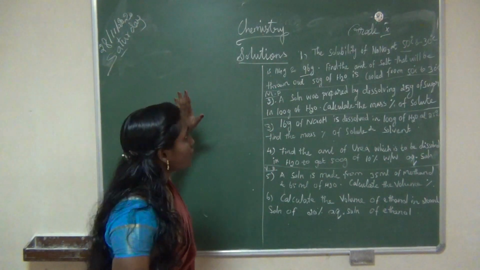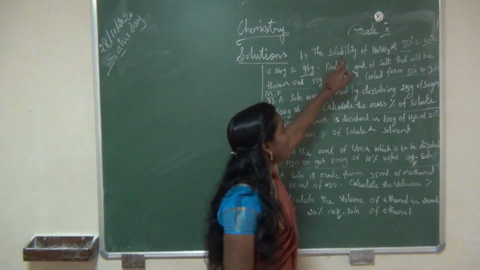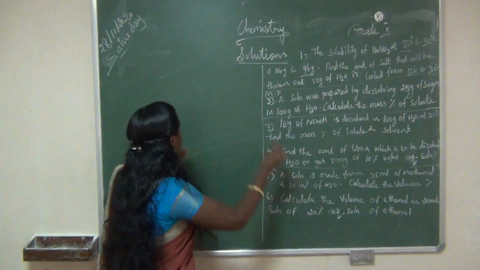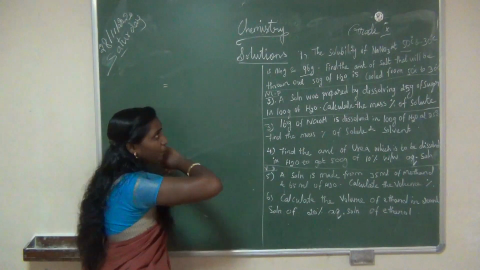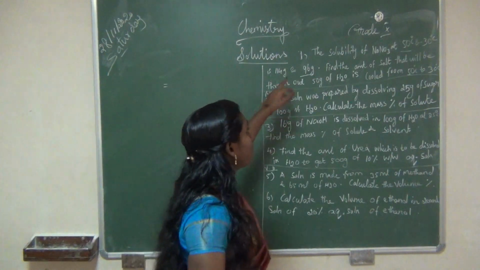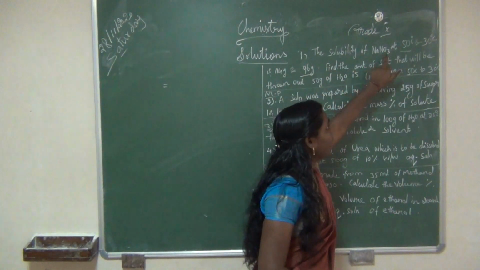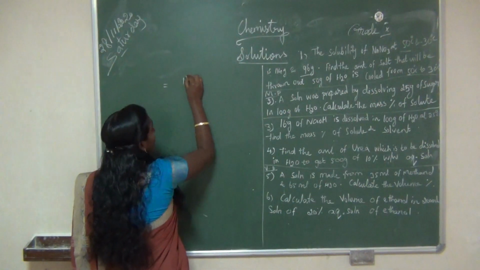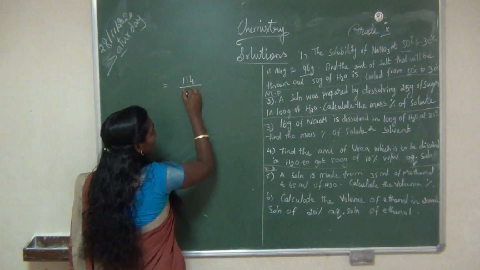So first we can write the solubility of NaNO3 at 50 degrees Celsius is equal to, please take your class note and note it. The solubility of NaNO3 at 50 degrees Celsius is equal to 114 divided by 100.